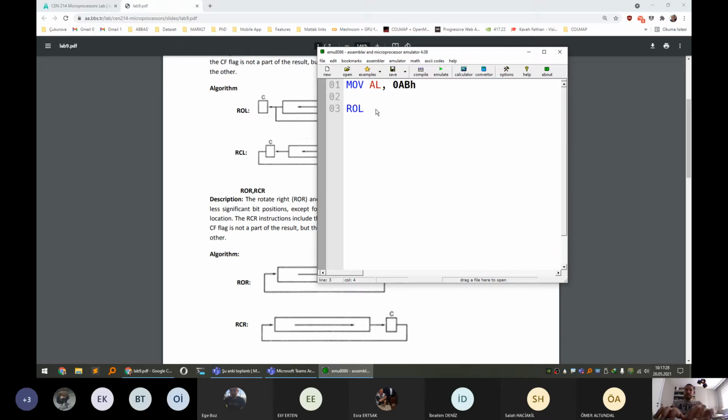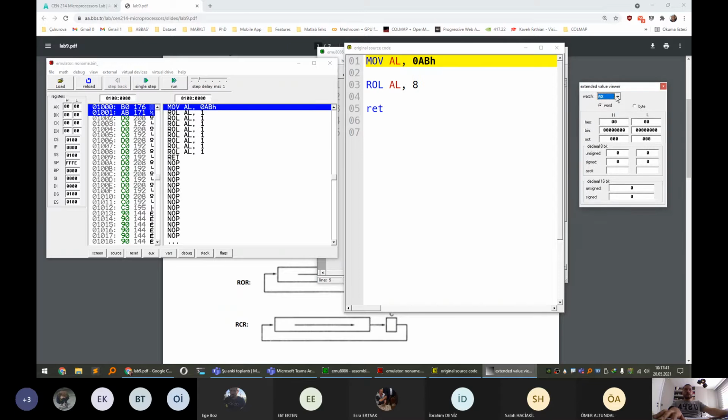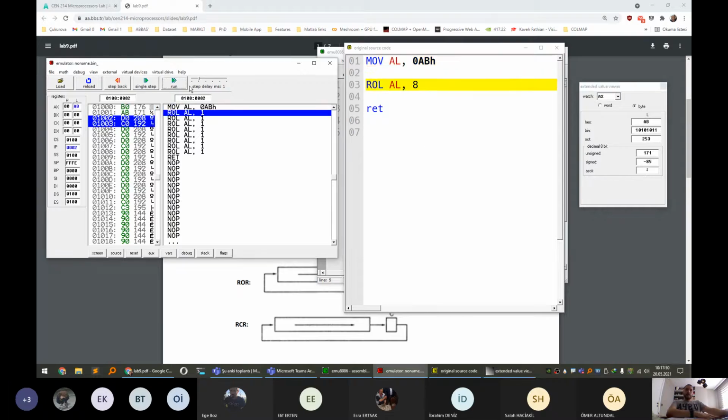I'm going to rotate left AL 8 times. Let's see what's happening. I open the thing and look at the AL only. We have AB in AL. Okay, this is the value.